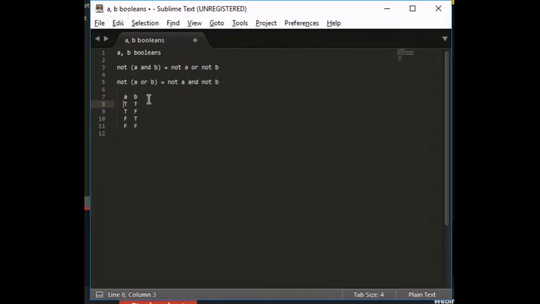The four cases are: both A and B true, A true and B false, A false and B true, and both false. So what about A and B? What would the truth table look like for that?